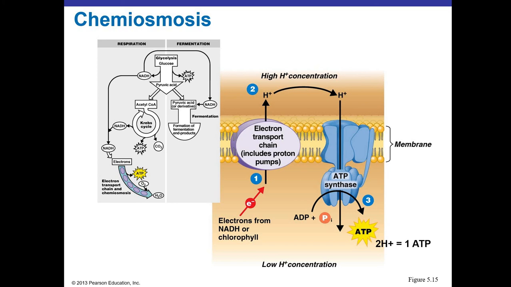So they're going down their concentration gradient from high to low, but they have to use the facilitated protein, the ATP synthase channel. So every time 2 protons come across, we make 1 ATP.